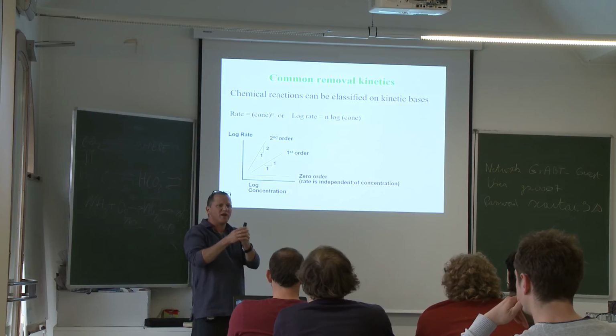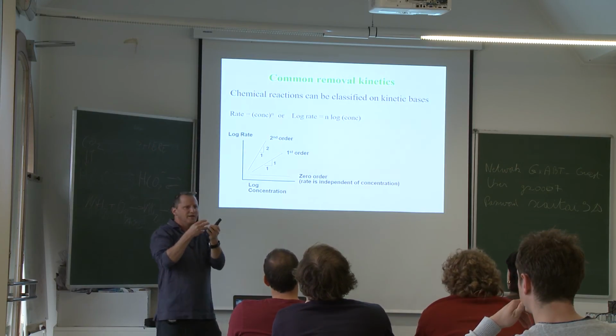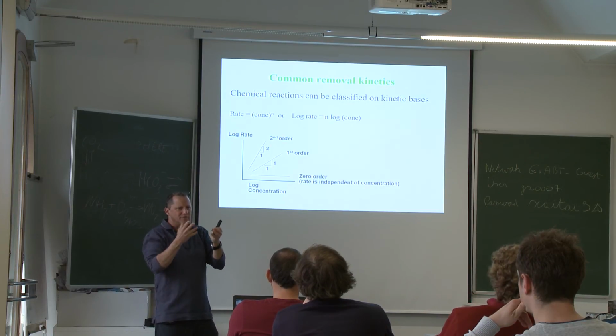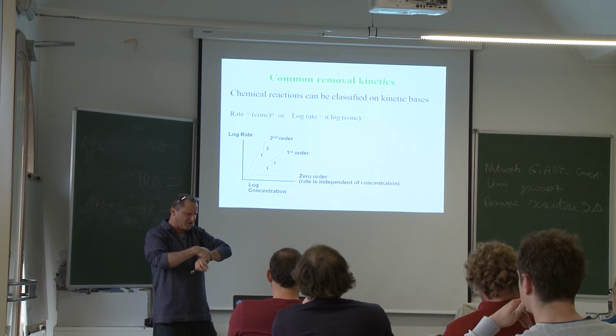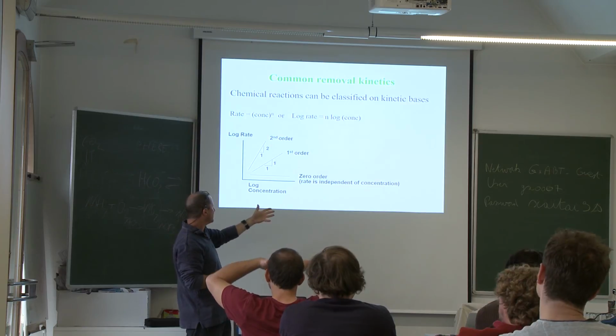But if we have 100, 50, or 30 milligrams per liter of ammonia, the bacteria would not care. The difference in concentration would not change the rate at which they are working.